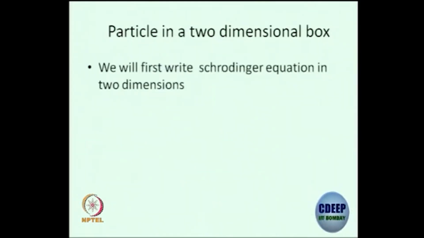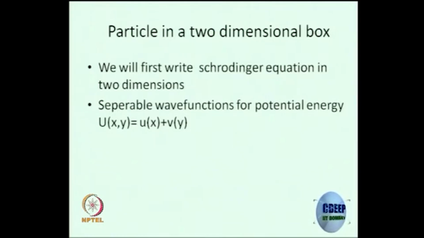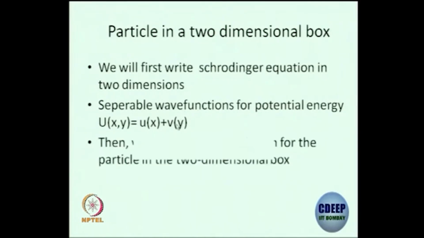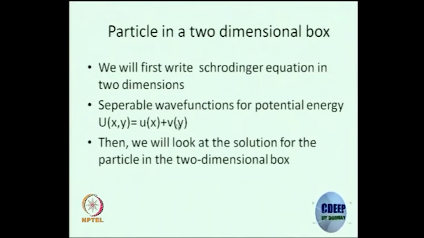So what do we have to do? You have to first write the Schrodinger equation in 2 dimensions, then separate wave functions. If your potential energy cannot be written as a sum of a potential energy for x plus a potential energy for y, then separable wave functions are not applicable. I'm sure you know this, right?